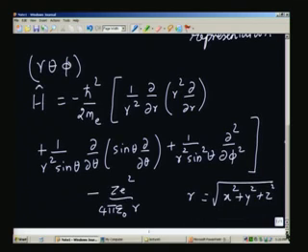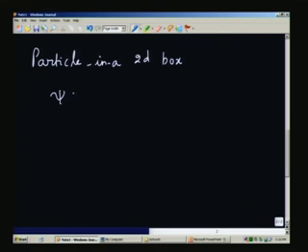You have to go back and recall the particle in a 2D box, where we employed a wave function psi of x, y as a product of a function of the x coordinate only and a function of the y coordinate only.